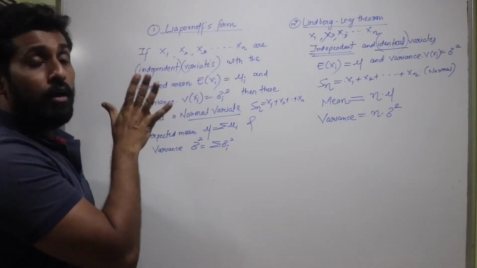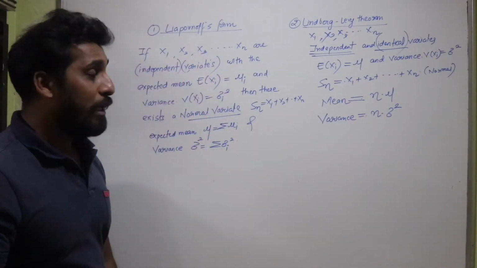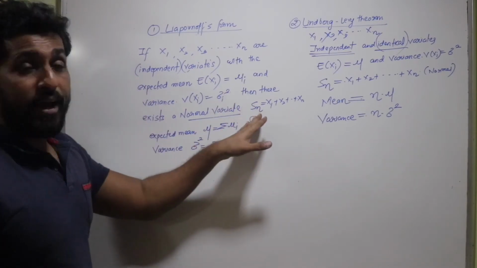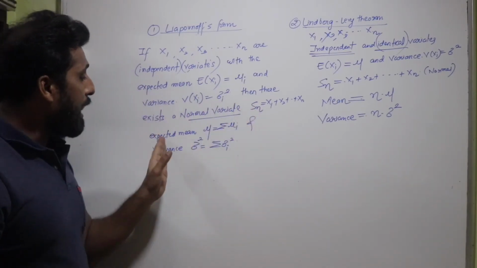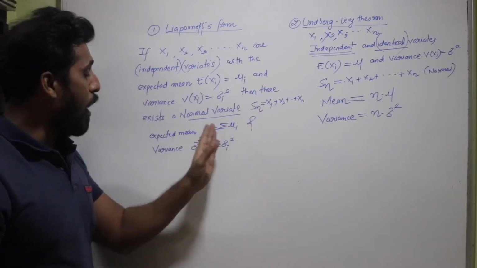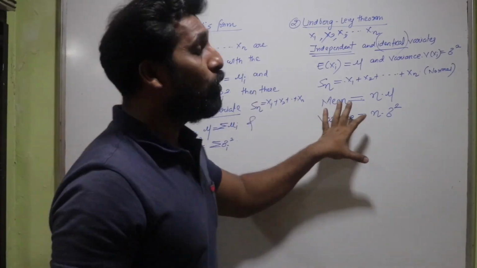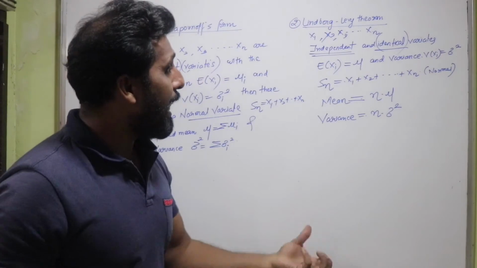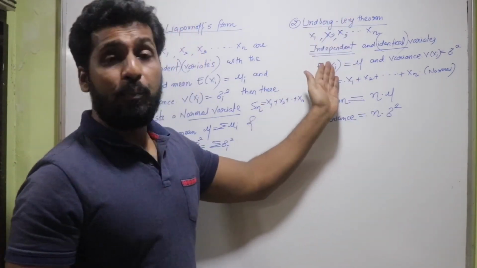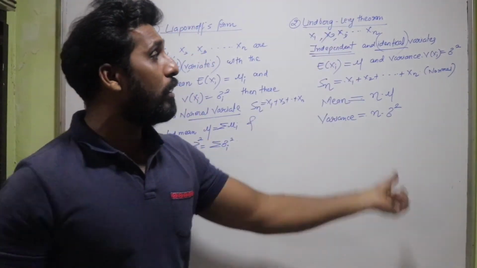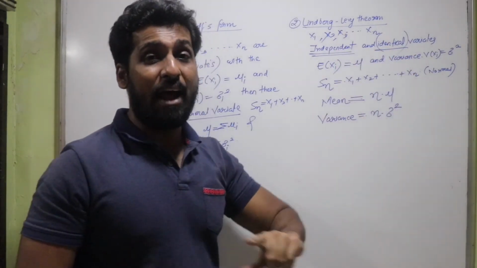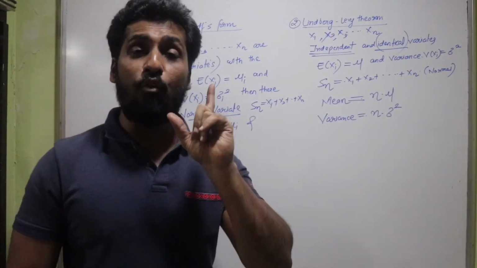Here the variates were only independent. So the normal variate Sn had expected mean summation of mu i, and the variance came as summation of sigma i square. Whereas the Lindeberg-Levy theorem takes the variates as independent as well as, the important word, identical. I've explained what identical variates mean.